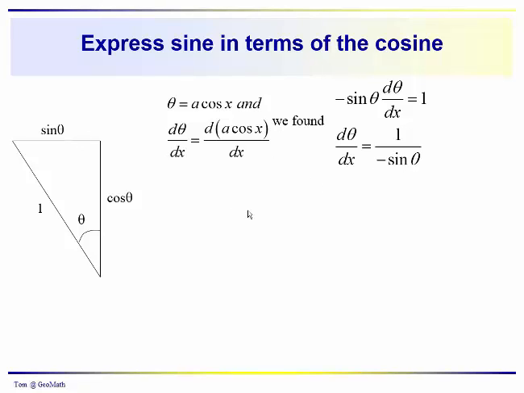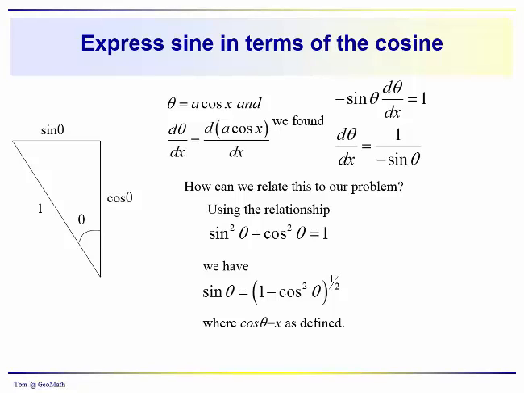And I asked you to think about how we can relate this to our problem. Using this identity, we see that the sine of theta is equal to (1 minus cosine squared of theta) to the 1/2 power. And cosine of theta is just equal to x by definition.